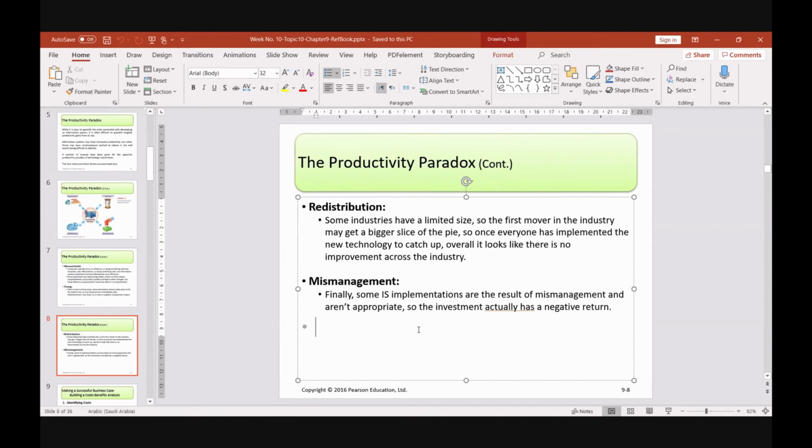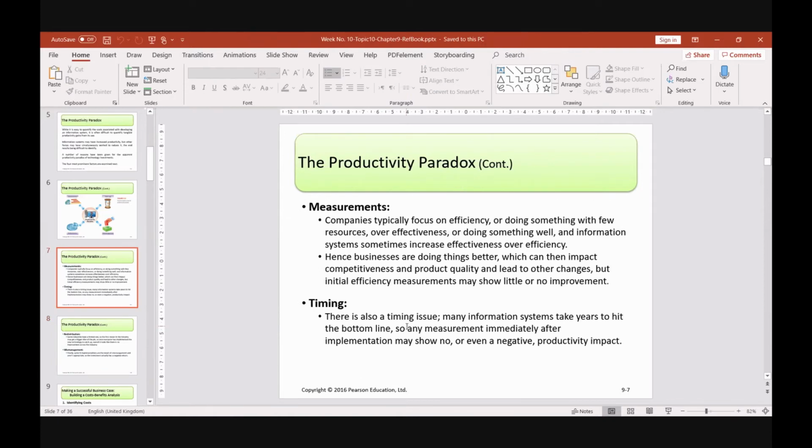Why did you come to this decision that we should buy this? It means there is some mismanagement. You misunderstood the requirements, you did not focus on the requirements, and your manager took a wrong decision here. This will create a problem, and your productivity will be affected. Is that clear? Yes, Doctor.